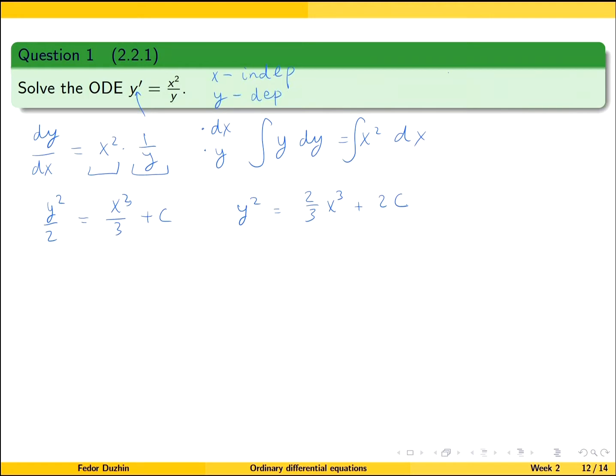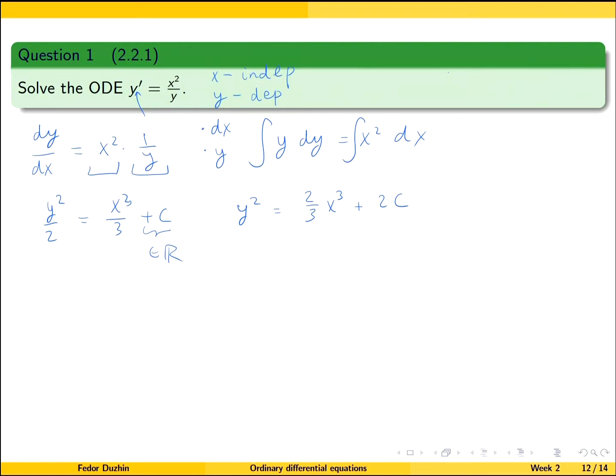But what is this c? This is just any real number, right? So c represents any real number. But if c is an arbitrary real number, then 2c is also an arbitrary real number. There is no restriction. So if c can be anything, then so can 2c.